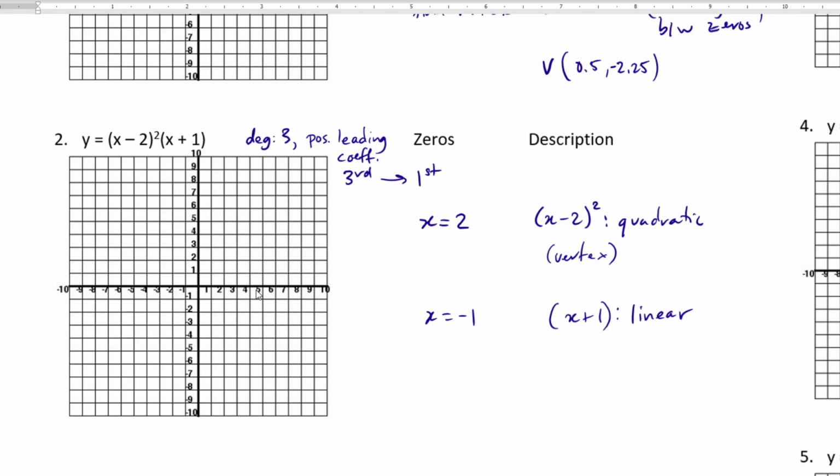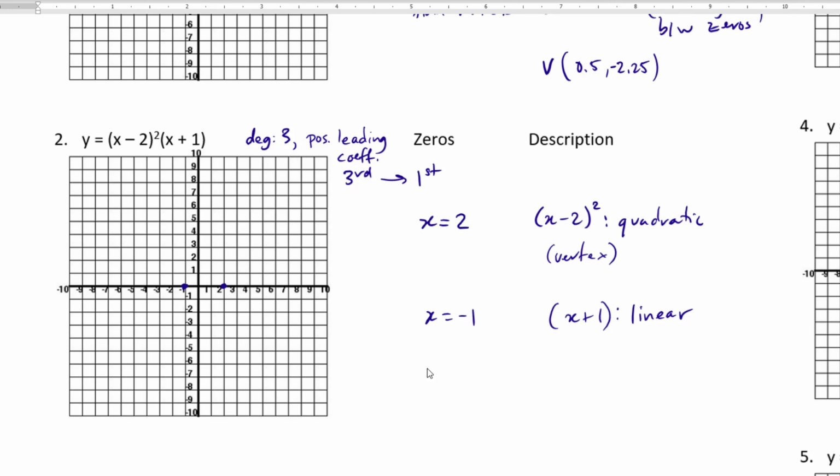So I'm going to plot my zeros here. So I've got x is equal to 2 and x is equal to -1. And recall that it basically has to go from the third quadrant to the first quadrant, right? Because it is an odd degree polynomial with a positive leading coefficient. It has to pass through this linearly, okay?